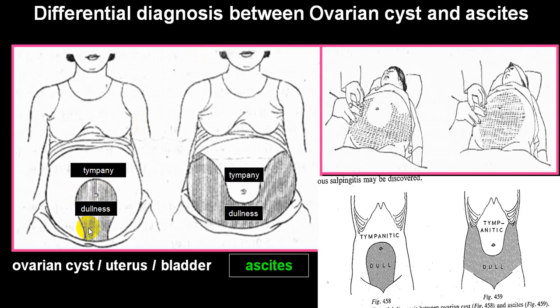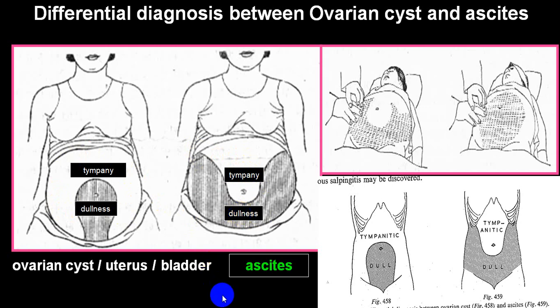In case of a bladder or ovarian cyst or uterus, it is a structure arising from the pelvis. So you will get a dullness which is oval in shape, and outside that you will have a tympanic note, while in case of ascites you will have a horseshoe shaped dullness and the center part will be tympanic.